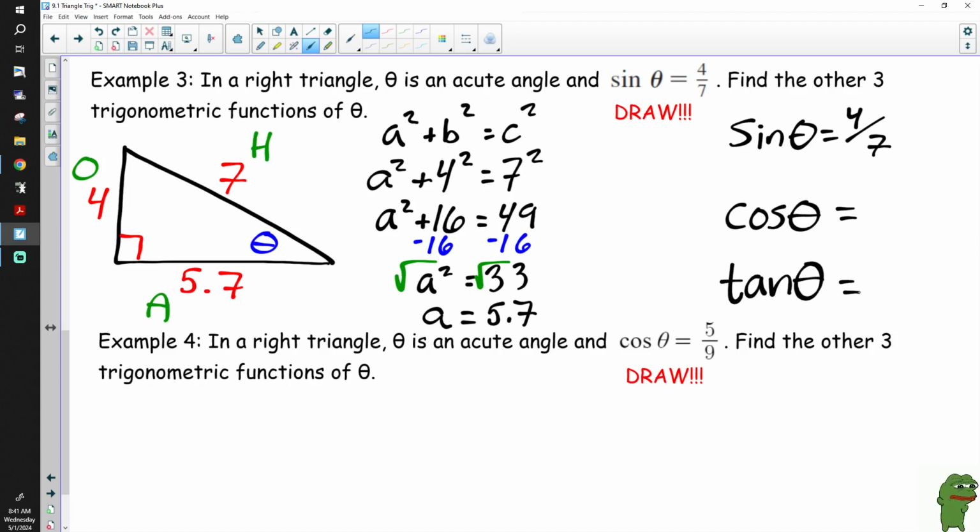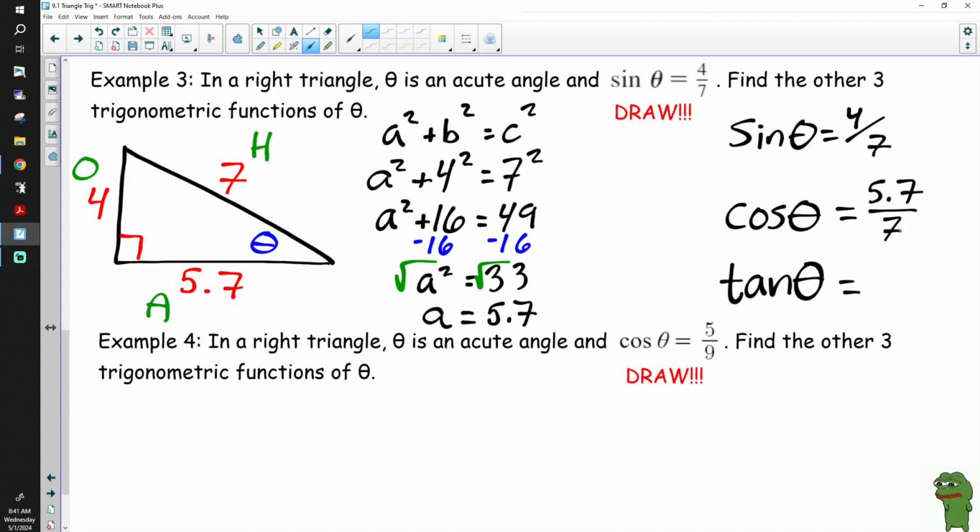Okay, what is cosine's ratio going to be? 5.7. Yep, over our hypotenuse. Adjacent over hypotenuse. So CAH, C-A-H. Adjacent over hypotenuse.